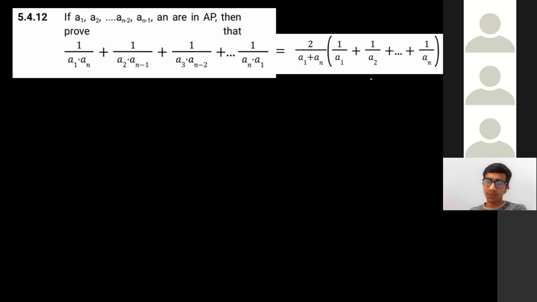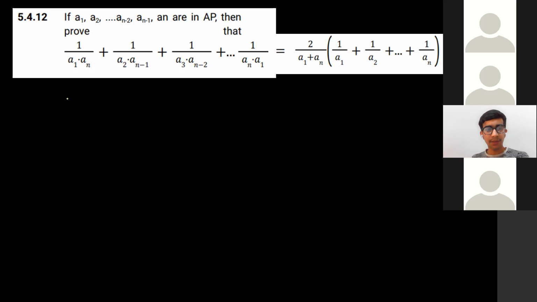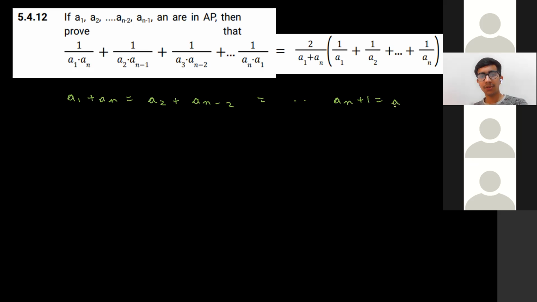All right, okay. So I've told you a property: a1 plus an is equal to a2 plus an minus 1, and so on till an plus a1.